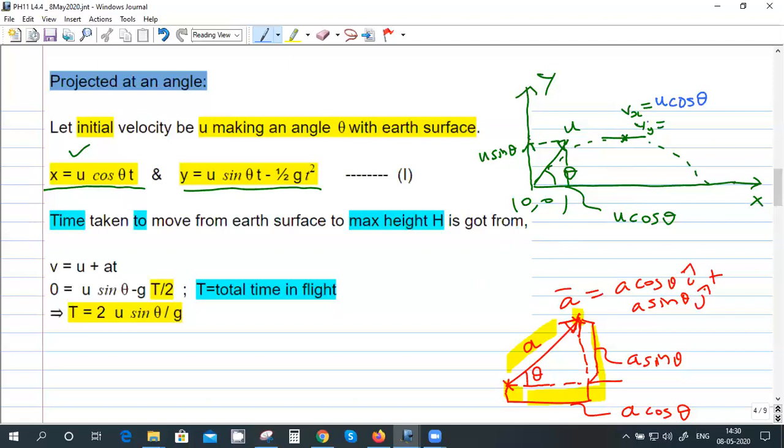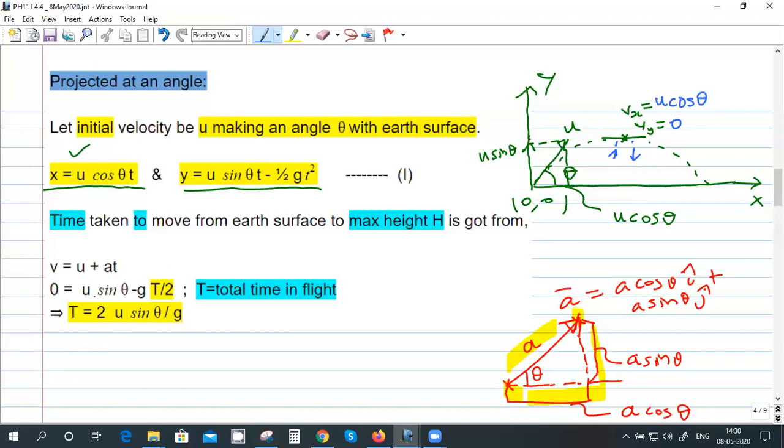If you take this maximum height point, just below this it is moving up, and just after this point it is moving down. So at this point the vertical component of velocity is 0. Now I will use the equation v equals u plus at.